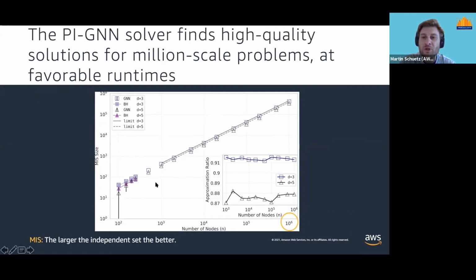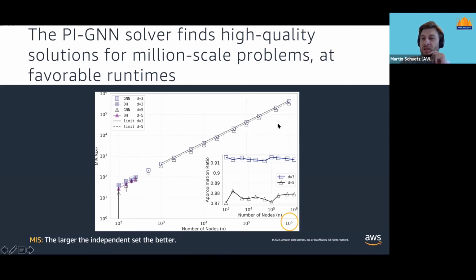But we can really push the boundaries here and essentially enter uncharted territory. I'd like to highlight this number on the right that indicates that we solve a problem with 10 to the 6, 1 million variables. That was not possible before with standard techniques. So we are actually in a situation where we cannot benchmark our results against other solvers, simply because that is uncharted territory.